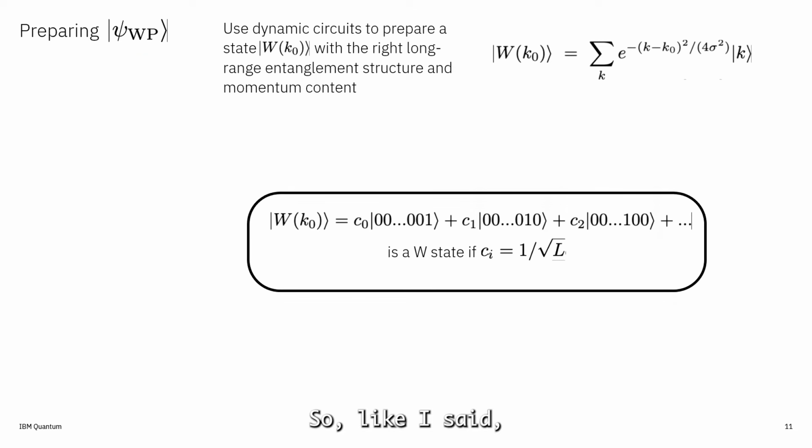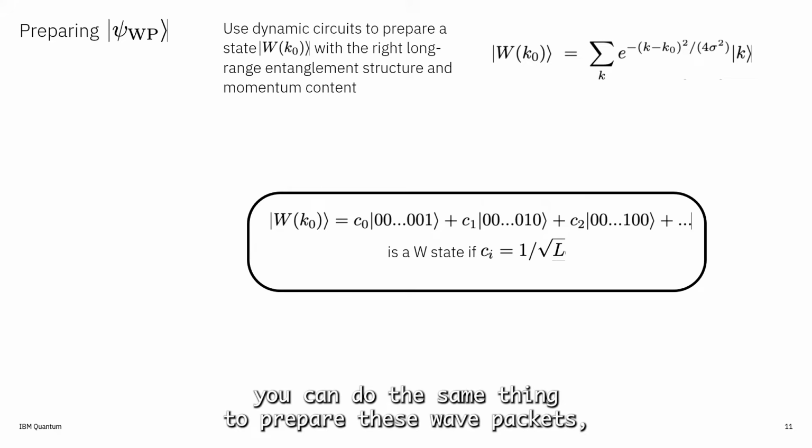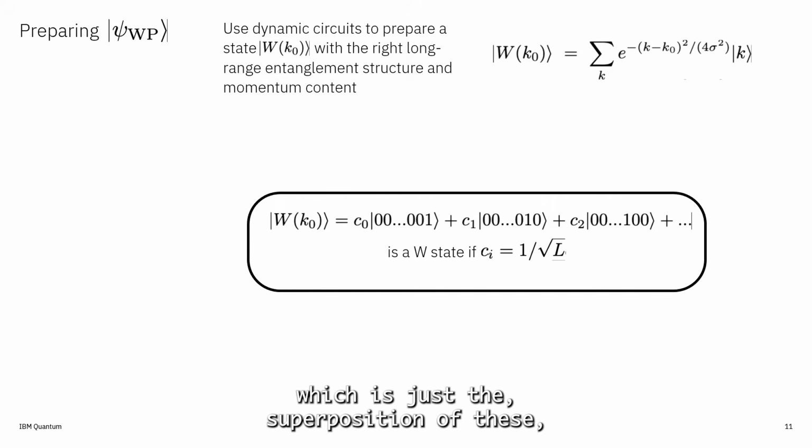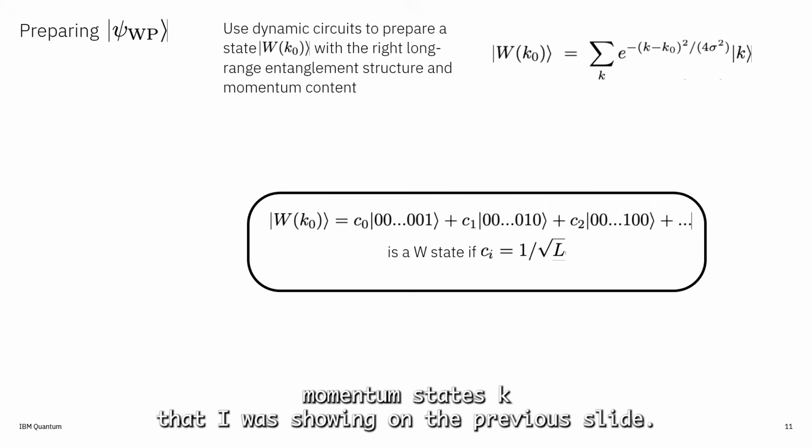So like I said, you can do the same thing to prepare these wave packets, but here instead what you do is you start with this W of k state, which is just the superposition of these momentum states k that I was showing on the previous slide.